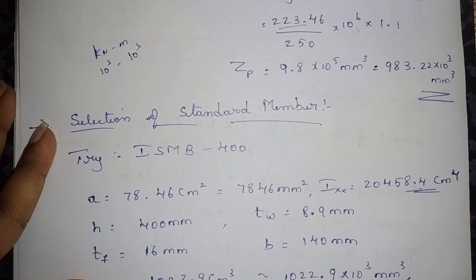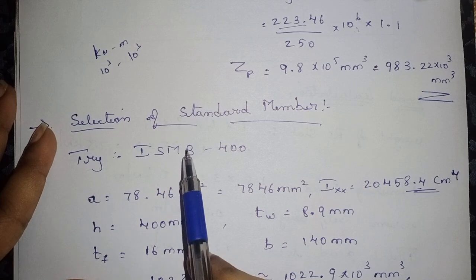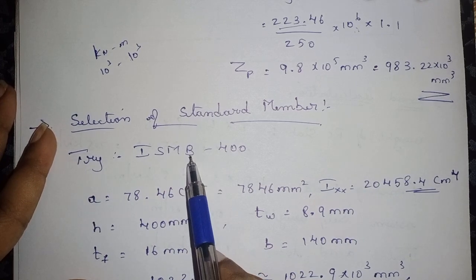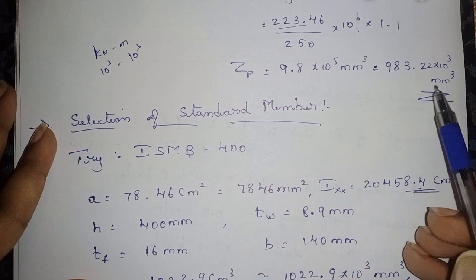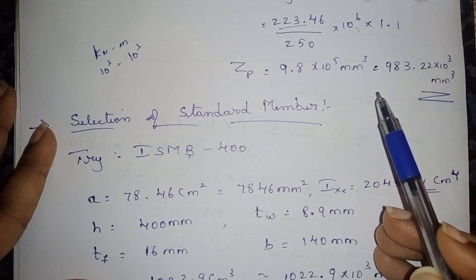In the steel table, go and take the channels and I sections. In that, the B indicates I section. In that I section you need to search for the ZP value.